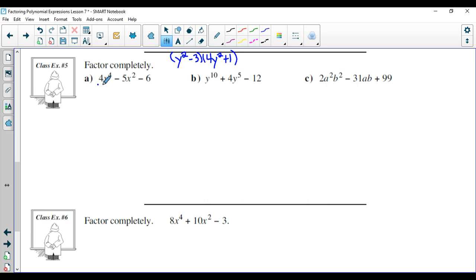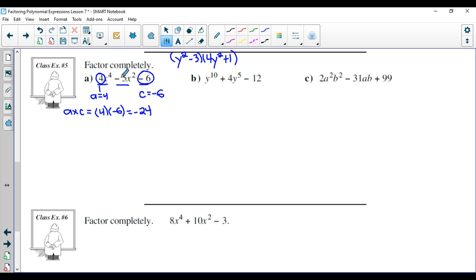Okay, so example 5, we have 4x to the 4 minus 5x squared minus 6. So immediately what I want to do is decompose the middle term. In this one right here, the value of a, which is 4. And the last term right here, the constant term, is going to be c, which is negative 6. So to use decomposition, we're going to multiply a by c. So a by c would be 4 times negative 6, and that's negative 24.